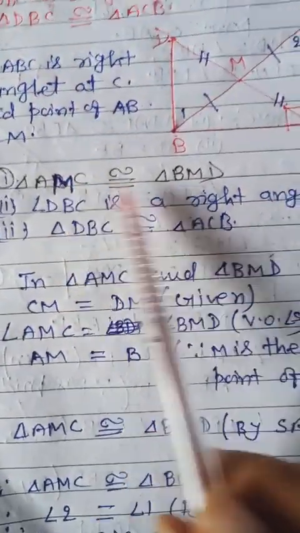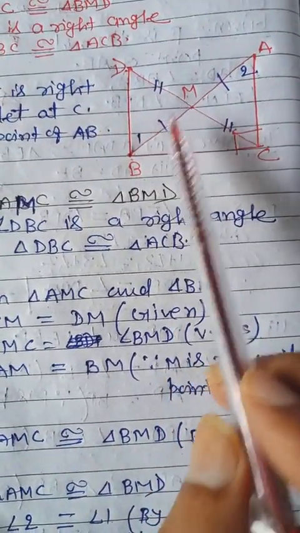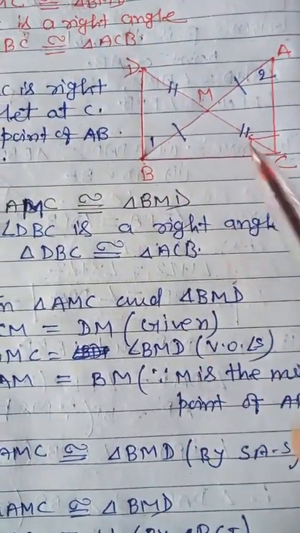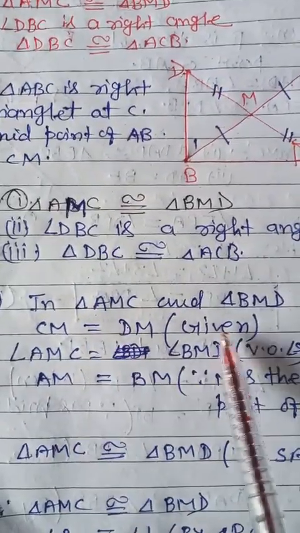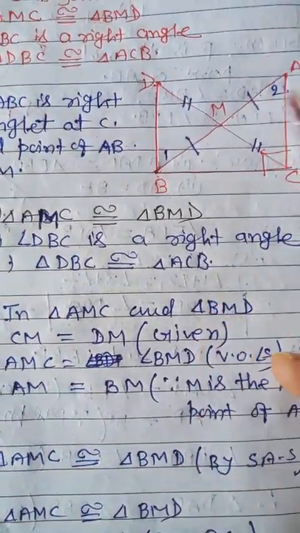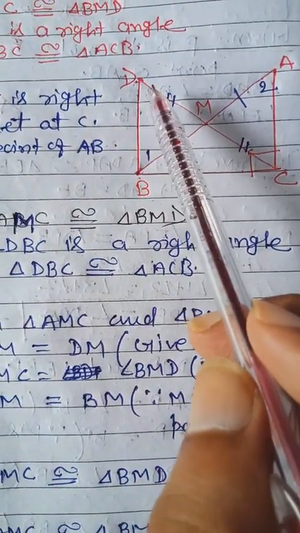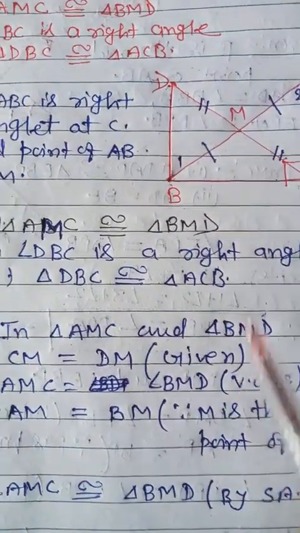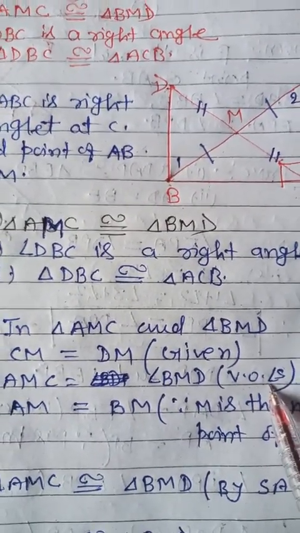Now proof. What is proof? In triangles AMC and BMD, look here, DM equal to CM because this one is given. Angle AMC is equal to angle BMD. Why? Because vertically opposite angles are equal.